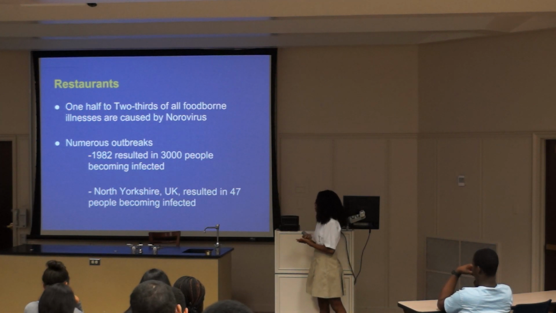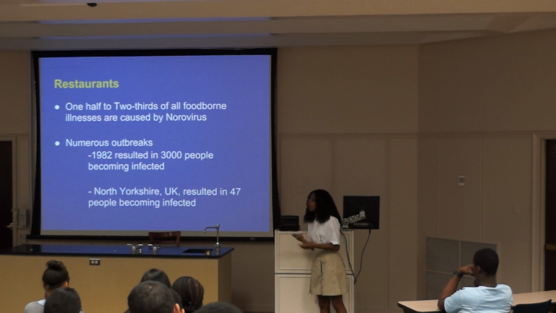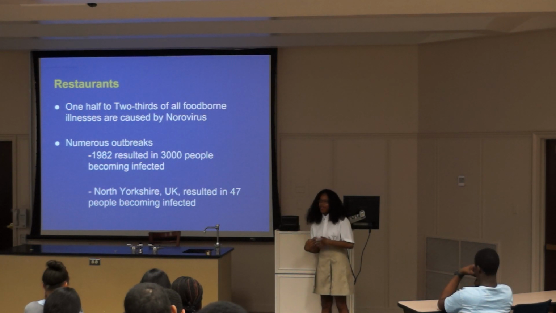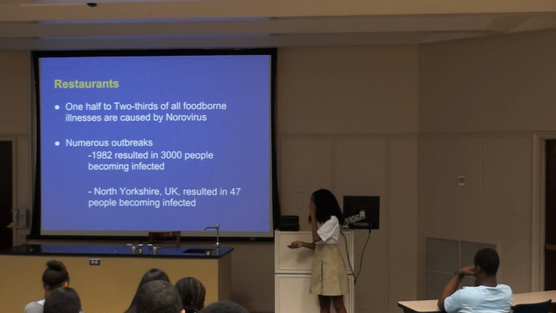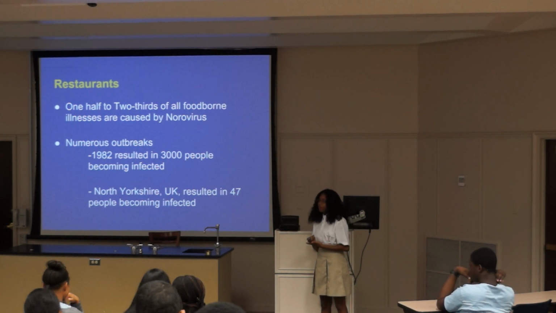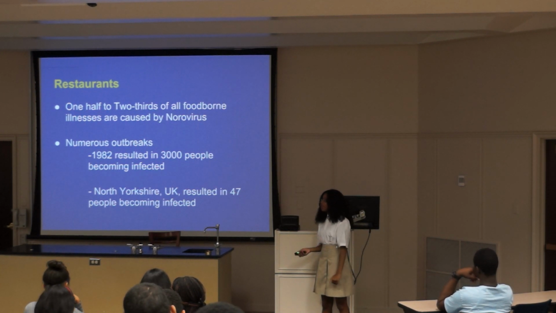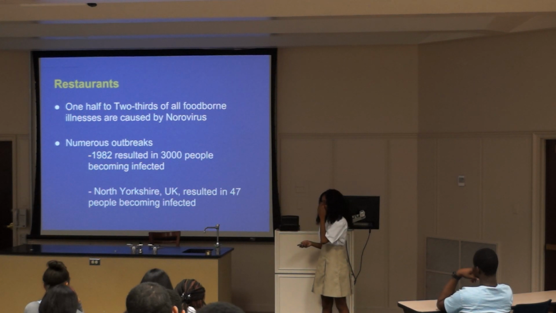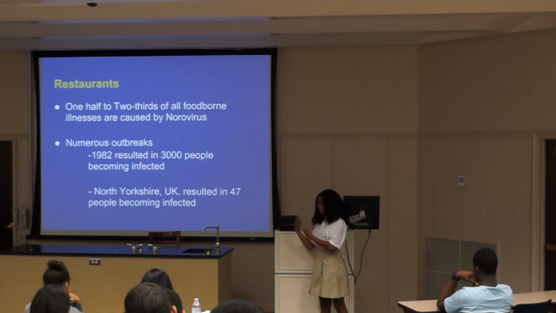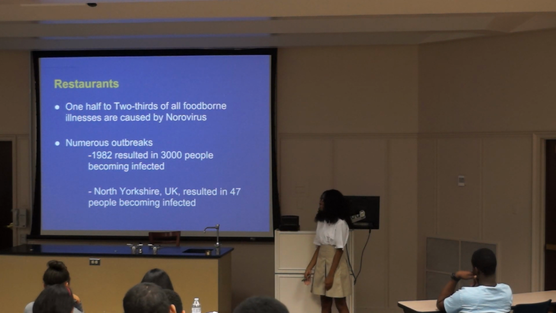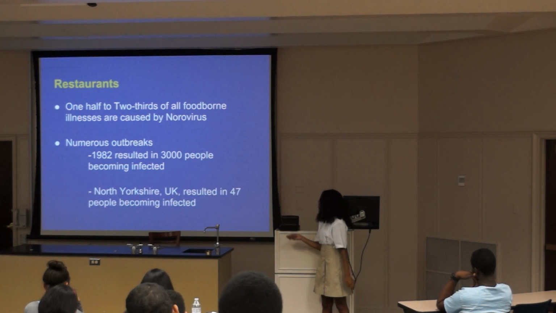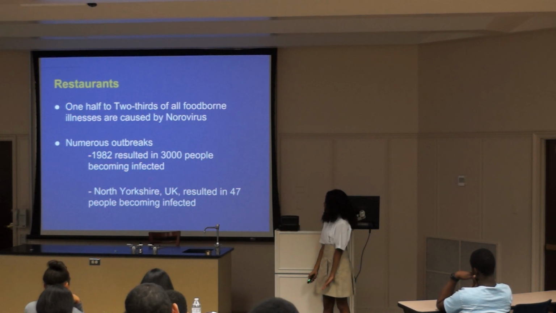So in 1982, a baker baking for a large population of about 6,000 people in his community was experiencing frequent accounts of diarrhea, but he still made this buttercream frosting, and he put it on these cupcakes, and he put it out there to the community, and that resulted in 3,000 people becoming infected.